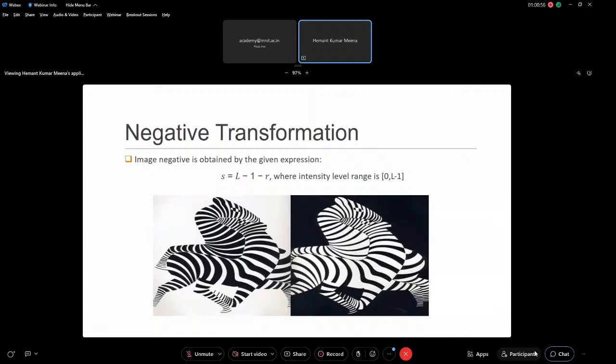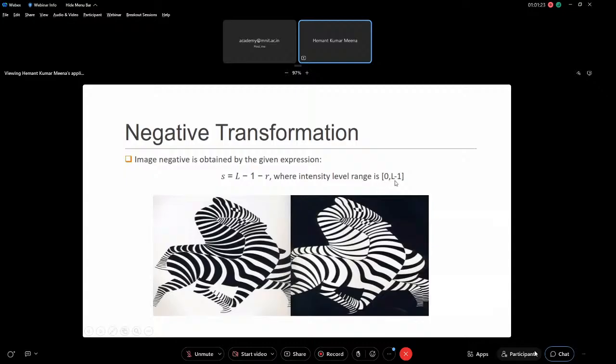As we discussed, mathematics is the core of signal processing, but we want to see the application. So see this one operation, basically the inverse one: s = L - 1 - r, where s is the intensity. What is L? L is the range, normally from black to white, which is 256, so the values lie from 0 to 255.